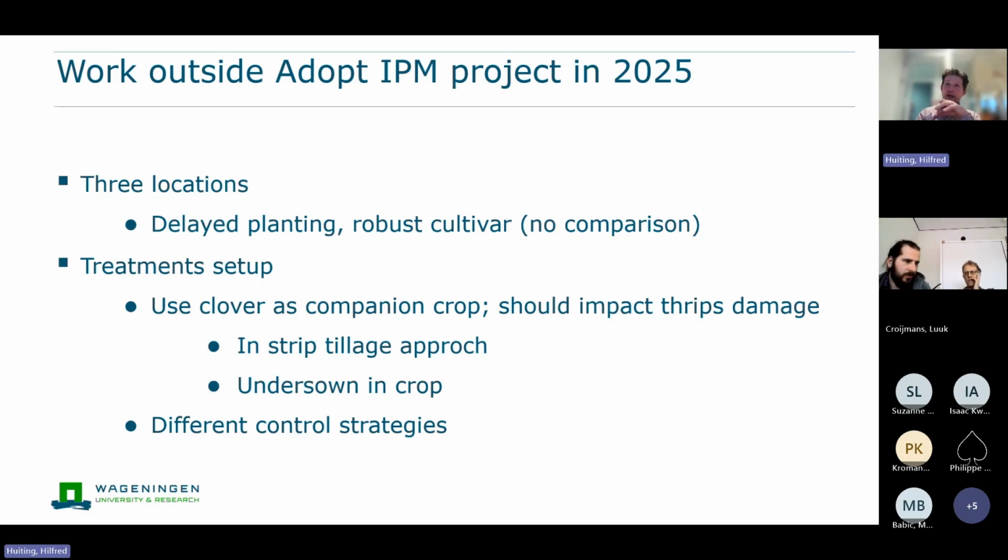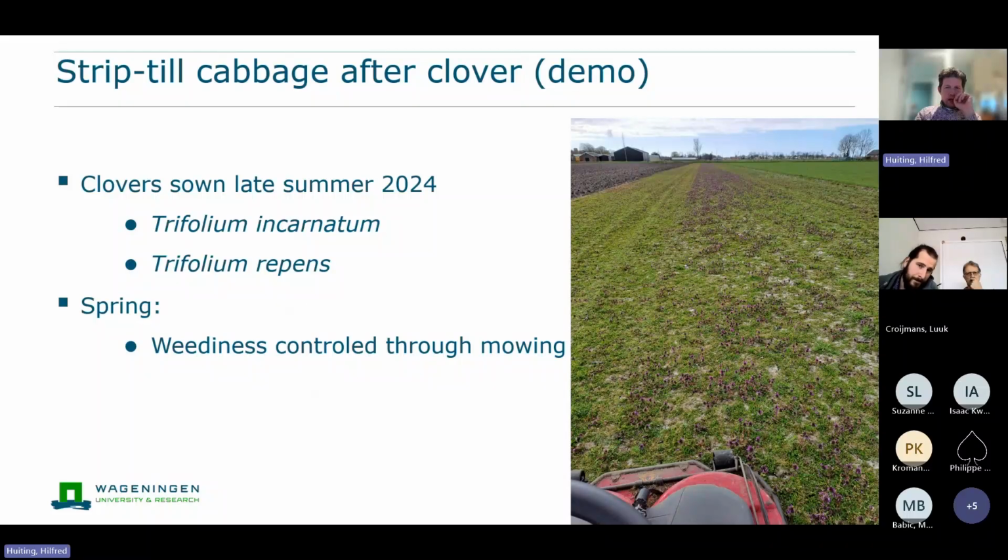One of the reasons is that we did 2 of the trials in farmers' fields and really had a talk beforehand with the farmers on what level of risk they were ready to take. And so 2 trials we did with farmers. The third was more or less a demo, and that was done in strips that were already sown with clover.